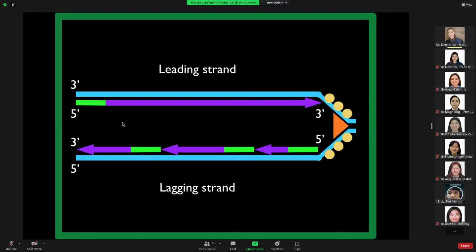Forwards. Okay, and what is the main enzyme for the leading strand synthesis? There are two DNA polymerases. Is it DNA polymerase 3 or is it DNA polymerase 1? 3. Very good.